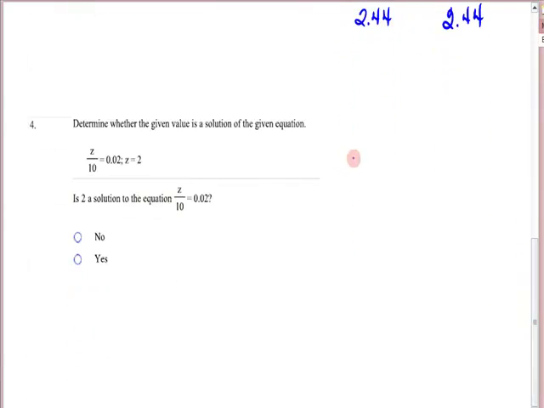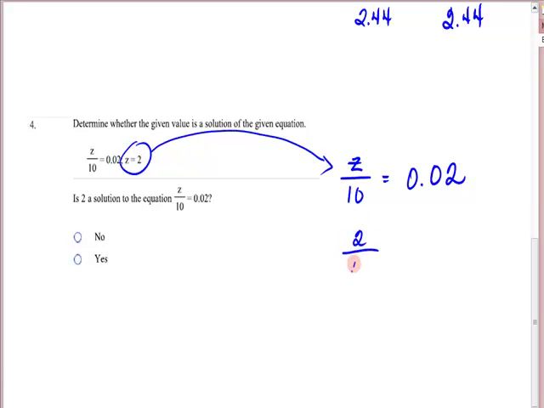Last one, the equation z over 10 is equal to 0.02. The value I'm supposed to plug in for z is 2. Is 2 over 10 equal to 0.02? Now, it could be that you can tell immediately that that is not the case.